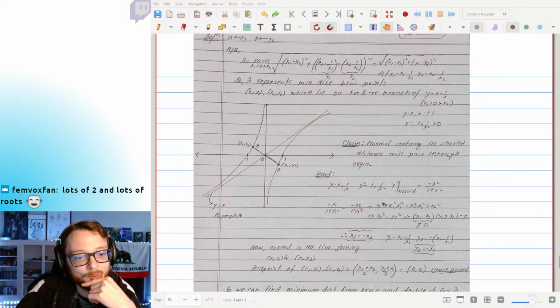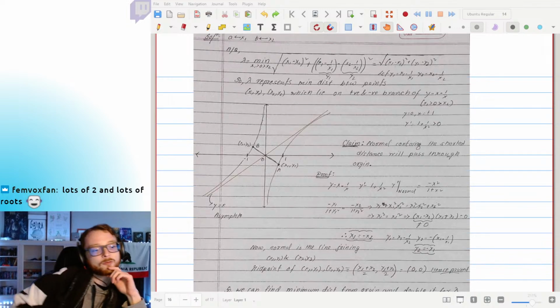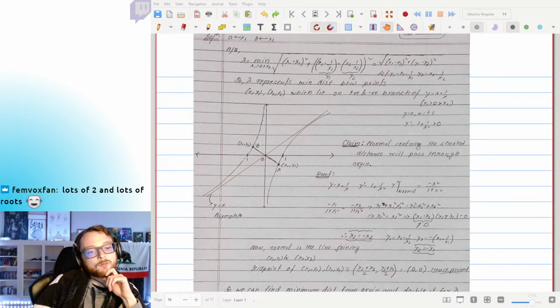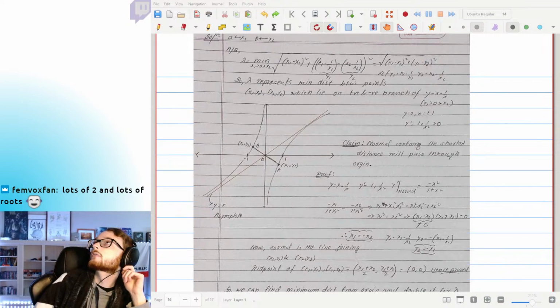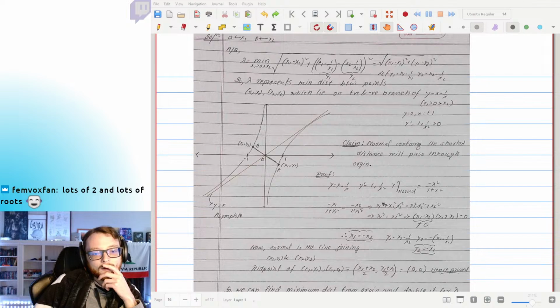If you know the vertices of the hyperbola, then you're in business, right? Is it possible to get it in the standard form for a hyperbola though? If it's rotated, I feel like it's probably not.